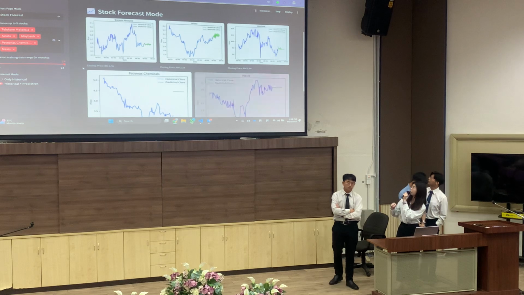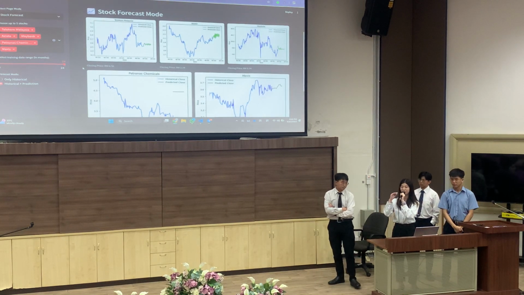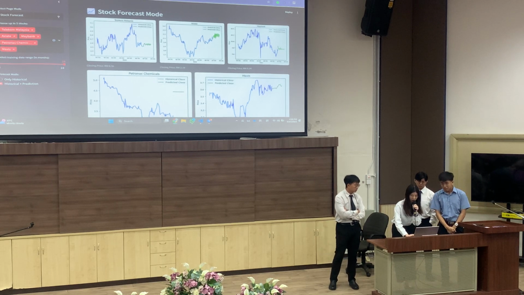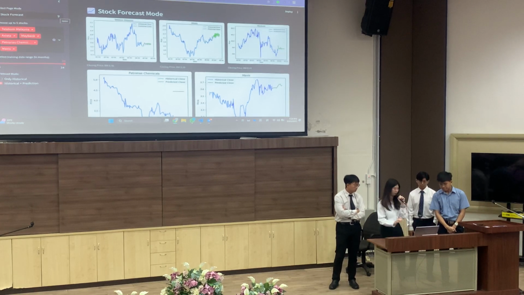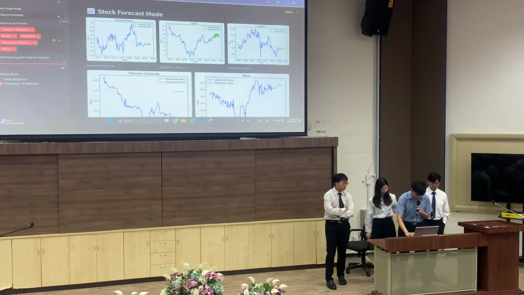If we use 24 months, the graph will be different because it uses more data to predict. And also we can choose 2 stocks to compare. Now I need to change to me.